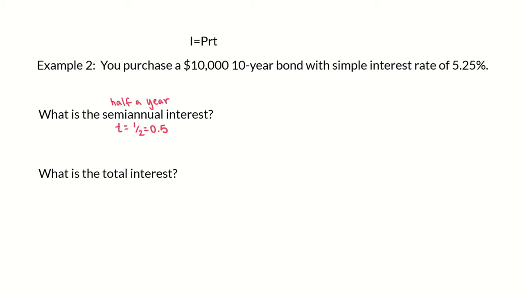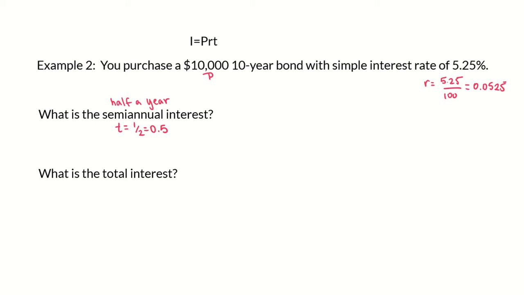The principal amount is $10,000, and the simple interest rate is 5.25%, which we change to a decimal by dividing by 100 to get 0.0525.